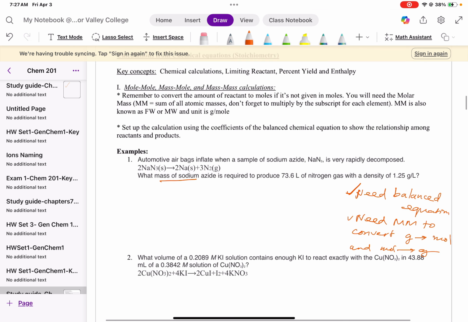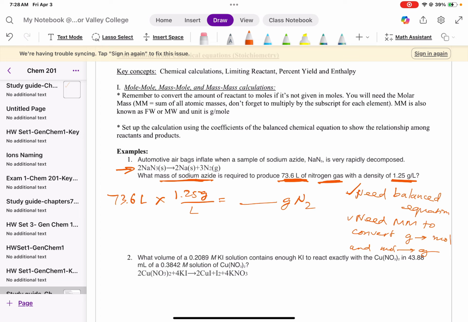So, for example, we need the mass of sodium azide. That's already a balanced equation. We have a volume of nitrogen gas of 73.6 liters at 1.25 gram per liter. So that will give us grams of nitrogen gas, which is N2. That's why we need molar mass.